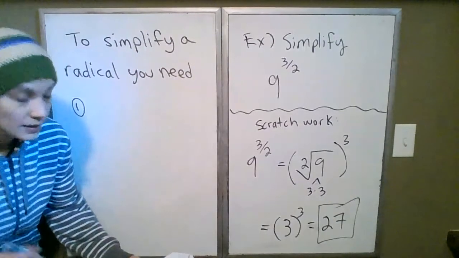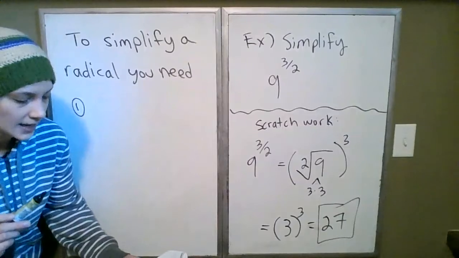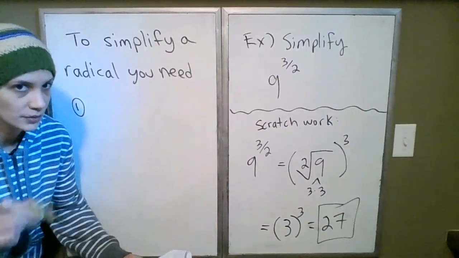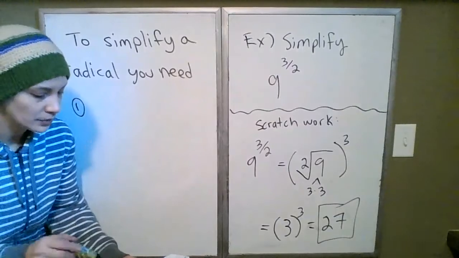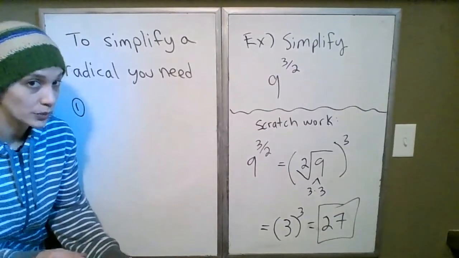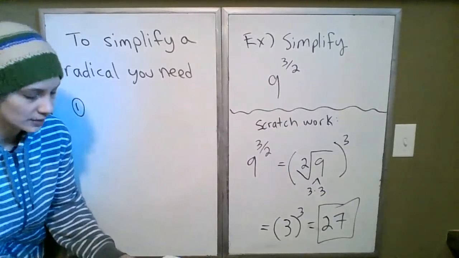You need none of the factors of the radicand, what's under the radical, to be able to be written with a power greater than or equal to the root. So we'll practice this one for sure.